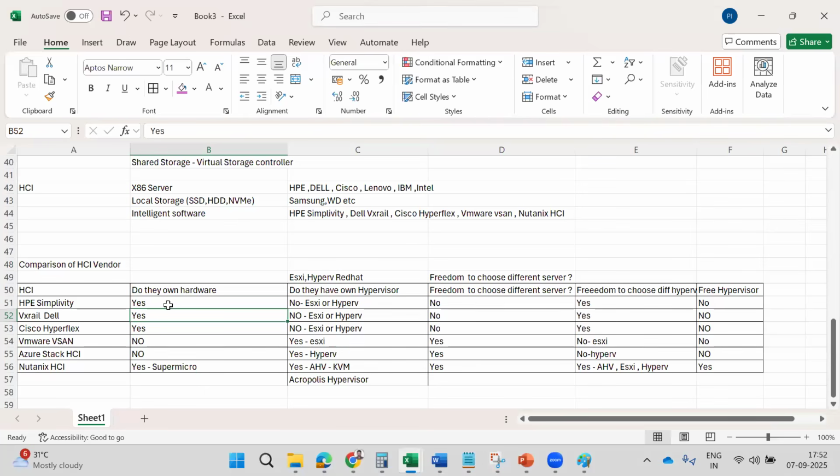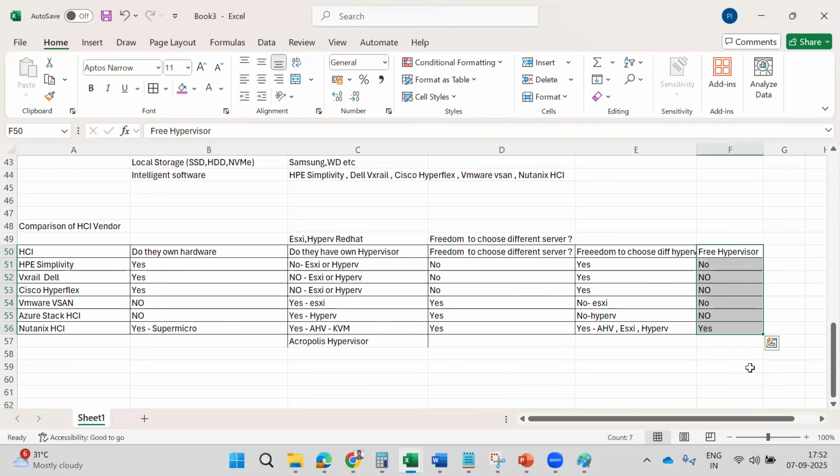But forget about these no's. Only this is very, very important because this gives me a business benefit for my customer or my team, because I don't need to pay even a single rupee to Nutanix for hypervisor. I get a free hypervisor. This is the one reason Nutanix is so popular and successful in the market, because every company looks for cost saving and at the same time looks for enterprise level features.